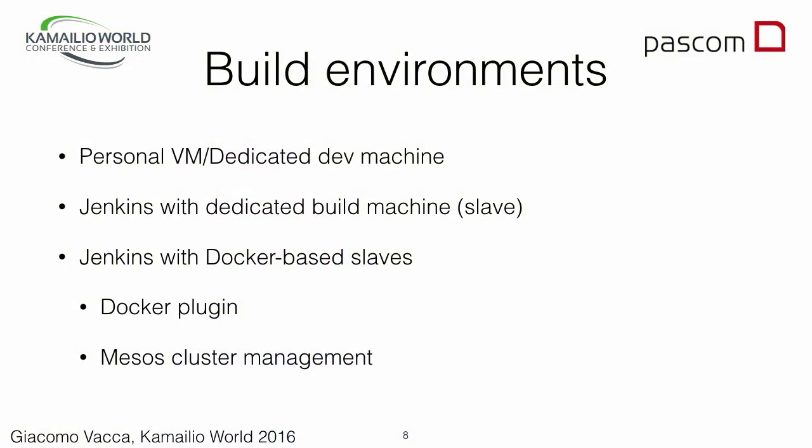When we talk about builds, the typical scenario is that each developer has, of course, his own build machine with its configuration and virtual machines. The traditional way of working with Jenkins, for example, was to have Jenkins with a dedicated slave.